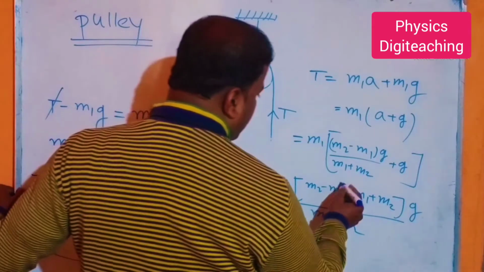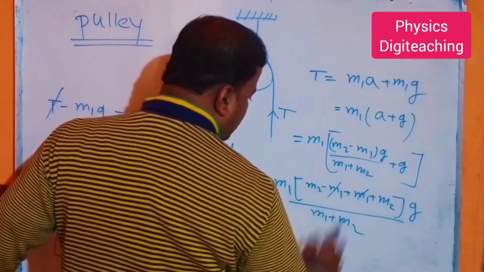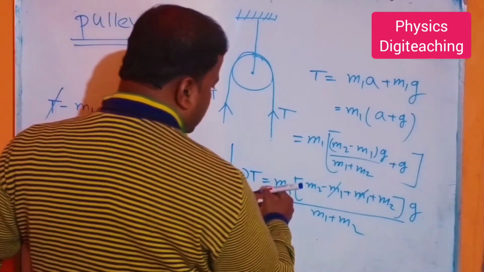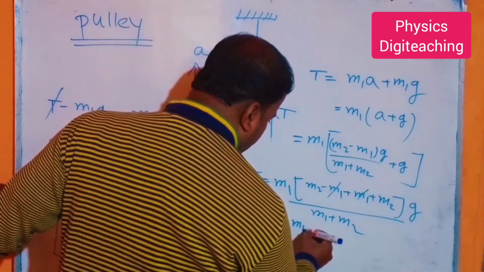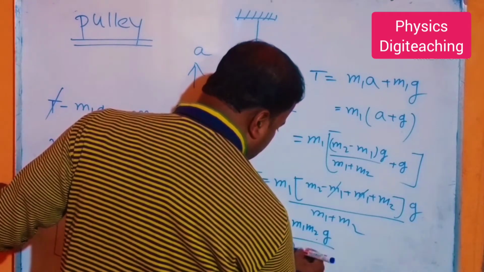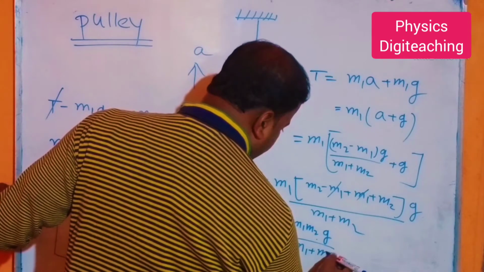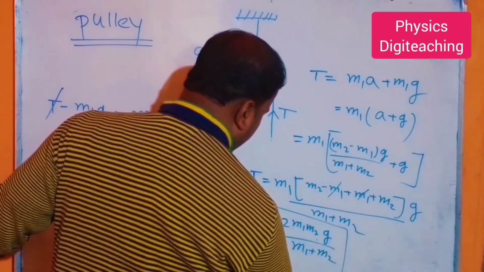Here M1 and M2 cancel. We get M2 plus M2, that is 2M2, and M1 is multiplied with it, therefore 2 M1 M2 into G by M1 plus M2. This is the tension T.